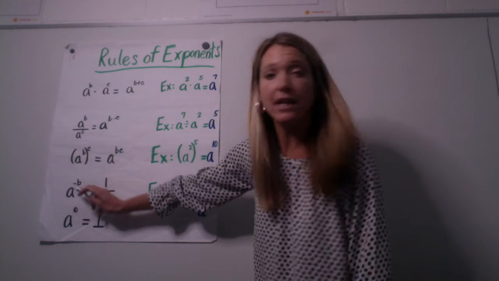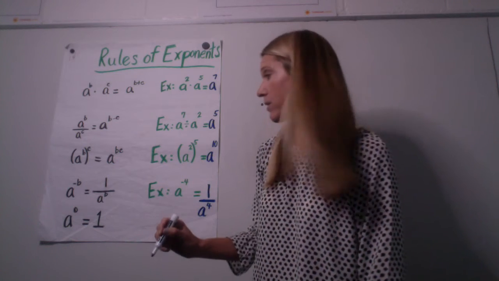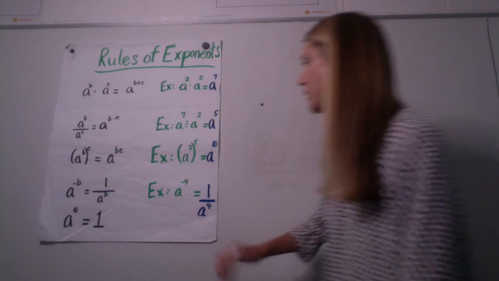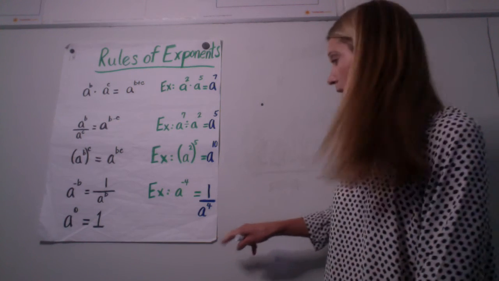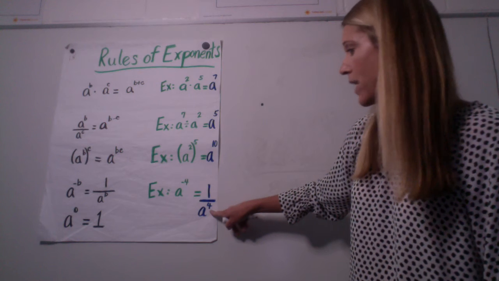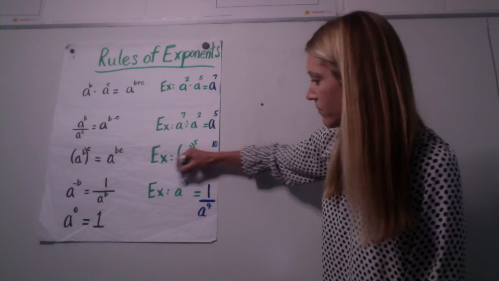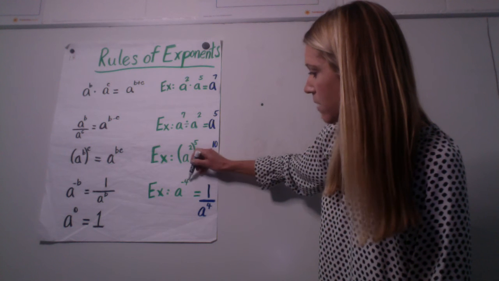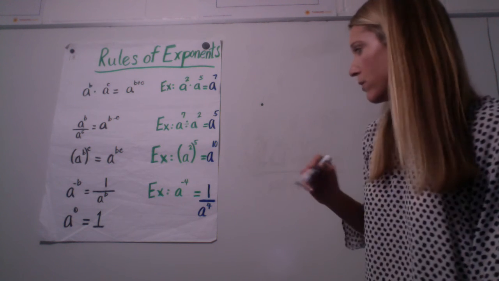We're taking that negative and making it positive in the denominator. So, for example, if we had a to the negative fourth, it actually becomes 1 over a to the fourth. All we did was move this down into the denominator, make our exponent positive, and put the 1 in the numerator.